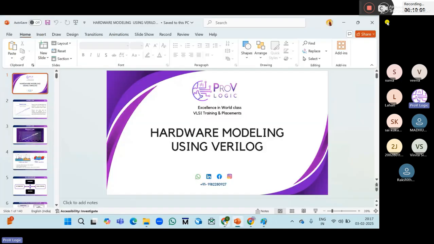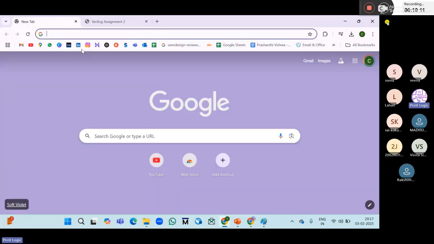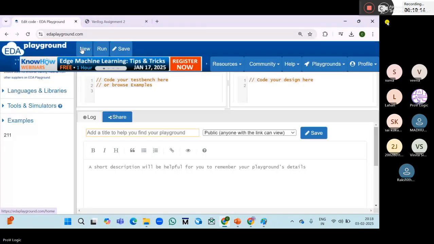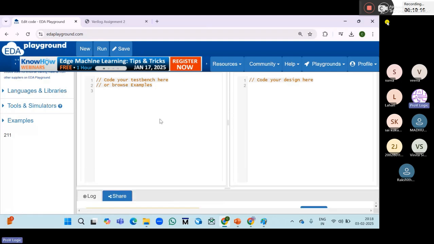I think no doubts, right? So today we will discuss how to write the program for sequential circuits. In combinational logic, we have written a design and the test bench. Here also, design-wise, it's the same. If you are writing behavioral modeling with procedural assignment statements in combinational logic circuits, we have used always @(*). That means the output values change with respect to the input values.